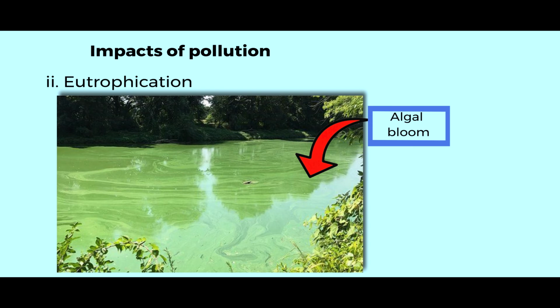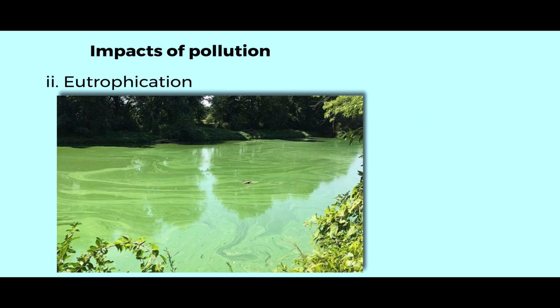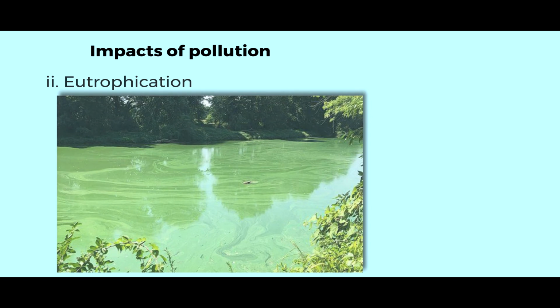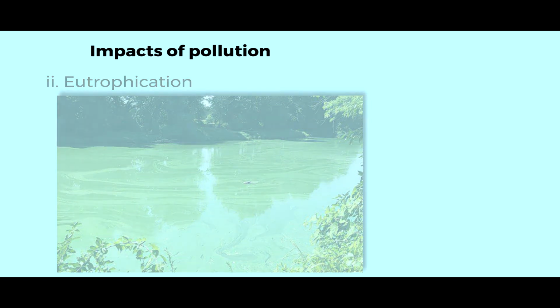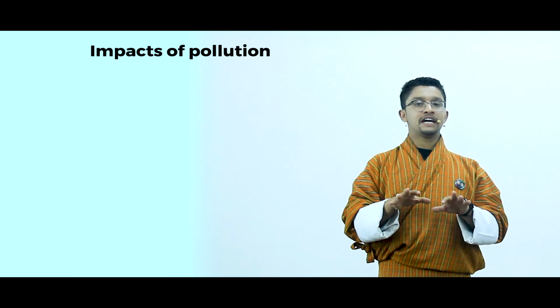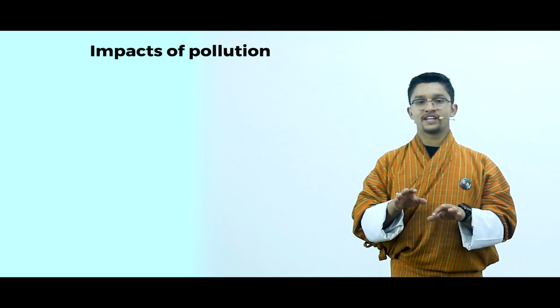However, a lot of them are washed away during rainfall by surface runoff, and they are carried to the surrounding water bodies. And once those fertilizers reach the water bodies, the nutrients are used by small plants like algae, and they start to grow very fast. And once they grow very fast, they will cover the entire surface, which will make that water body unfit for other organisms to live.